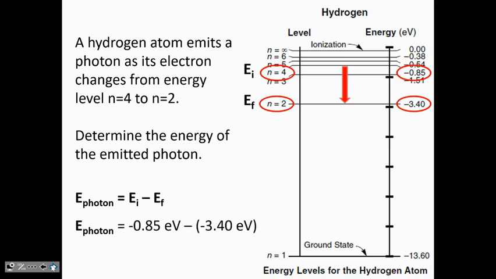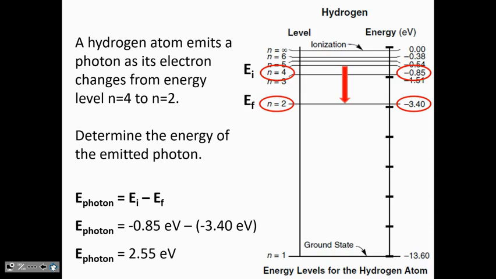So by taking the energy of the electron when it was in level 4, negative 0.85 electron volts, and subtracting it from the energy the electron has in its final state in n equals 2, negative 3.40, I can solve for the energy of the photon emitted, 2.55 electron volts.